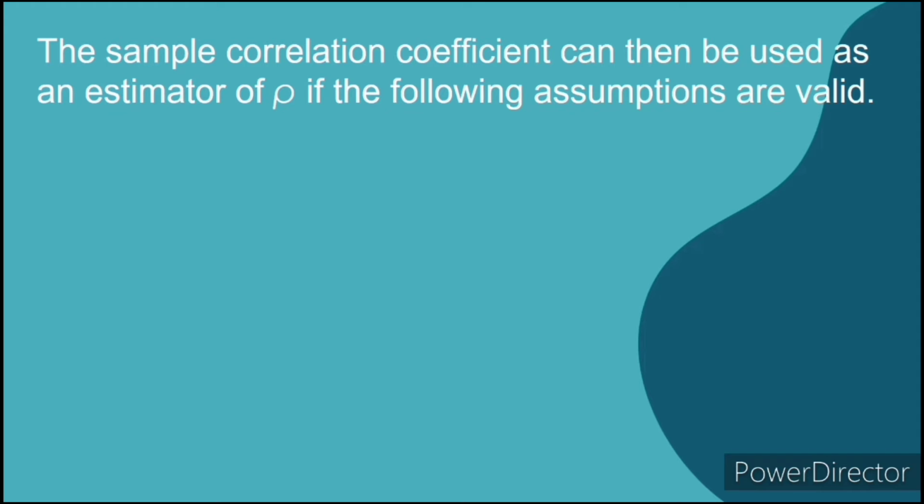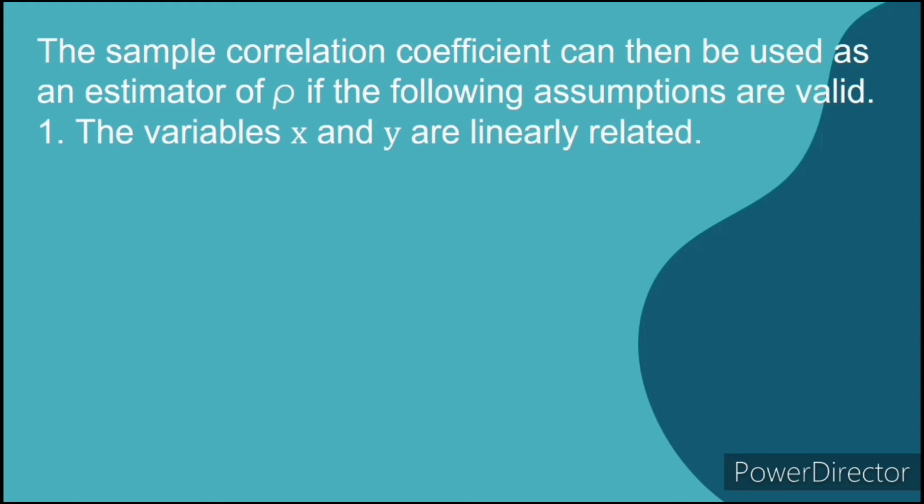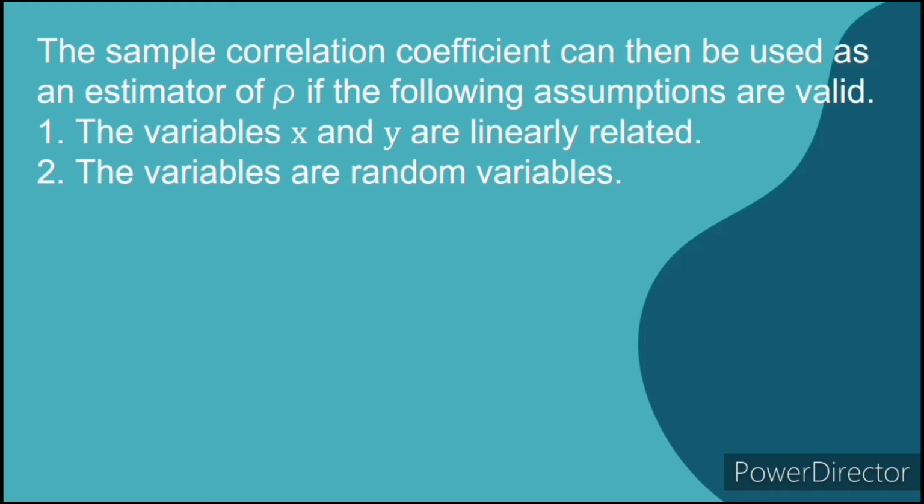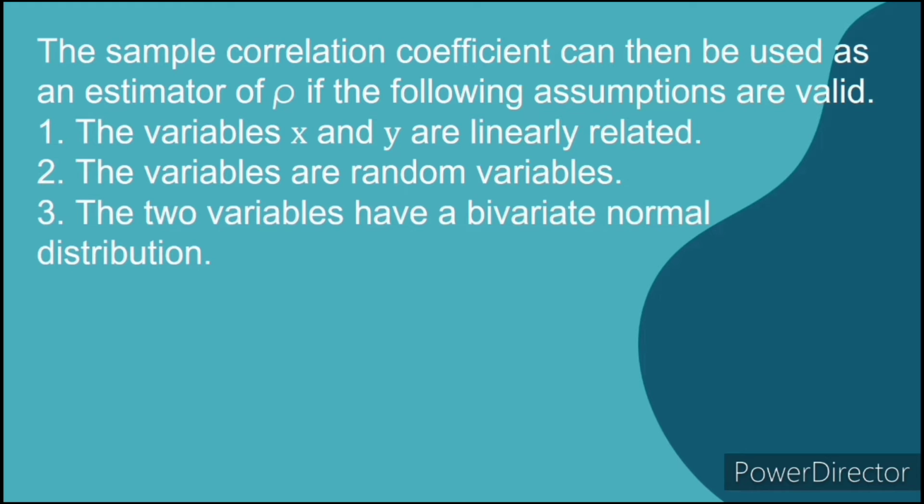Before we proceed to hypothesis testing, let's explain this first. The sample correlation coefficient can then be used as an estimator of rho if the following assumptions are valid. The variables x and y are linearly related. If we graph the data, the variables should be approximately linearly related. Second, the variables are random variables. Third, the two variables have a bivariate normal distribution.